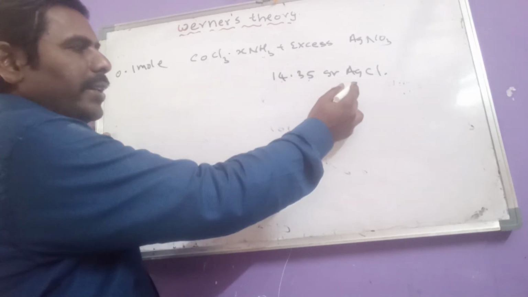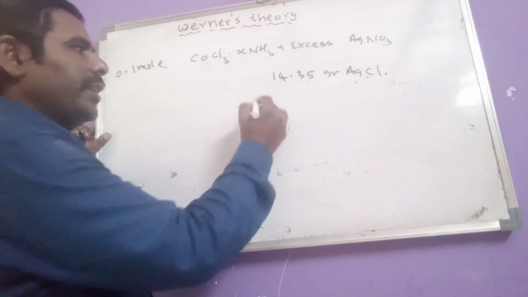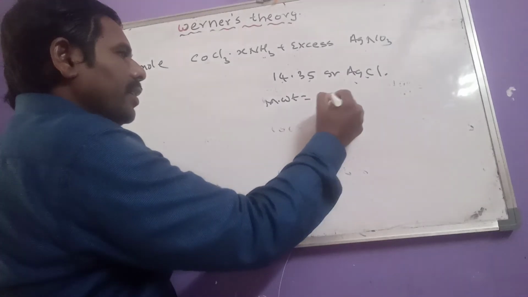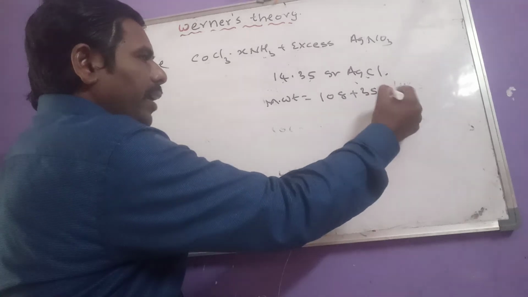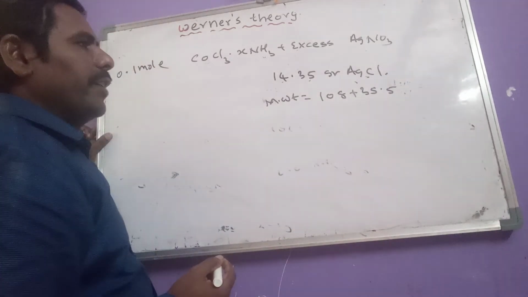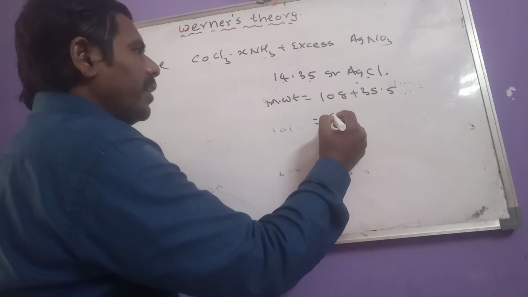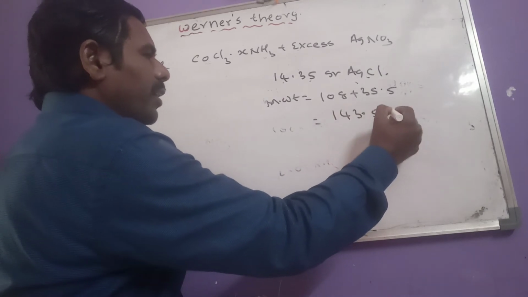So first let us calculate the number of moles of AgCl. To calculate its number of moles, we should know the molecular weight of AgCl. So the molecular weight of AgCl is 108 for silver, and 35.5 is which one? That is chlorine. So what we can get here? 143.5.